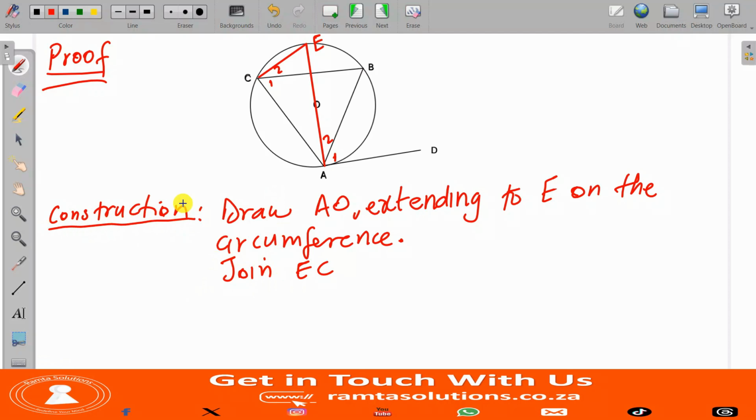For example, in my construction, I will basically be saying angle BAD is equal to A1, angle BAE is equal to A2, angle ACB is equal to C1, and angle BCE is equal to C2.